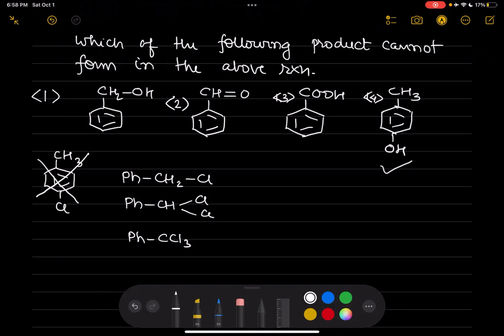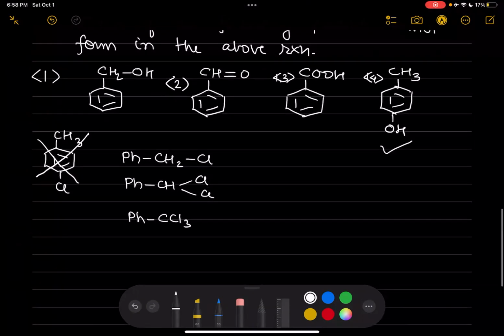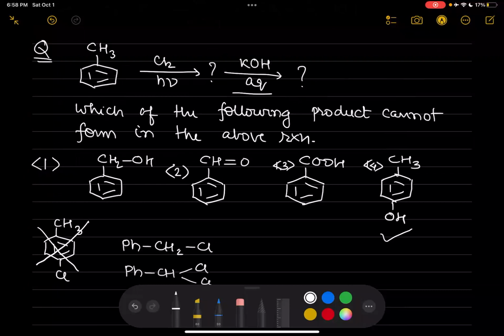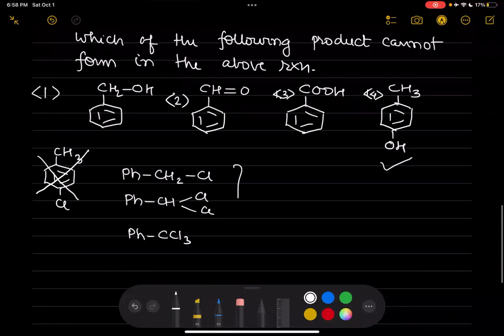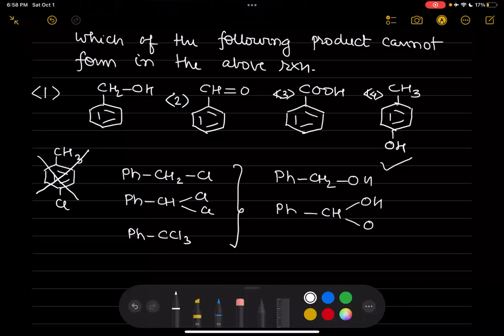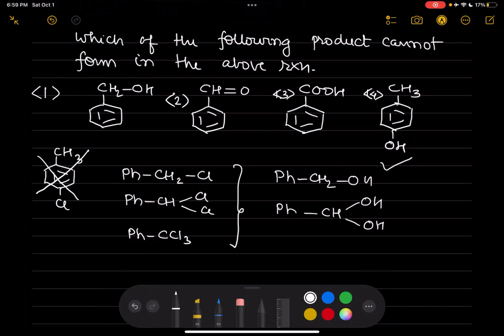Now you do the hydrolysis. If you have one Cl, the hydrolysis is very simple: PhCH2OH. If you have two chlorine atoms, you will have two OH groups. Think in this way. And remember, we did this hydrolysis of dichloride in the Riemann reaction also.